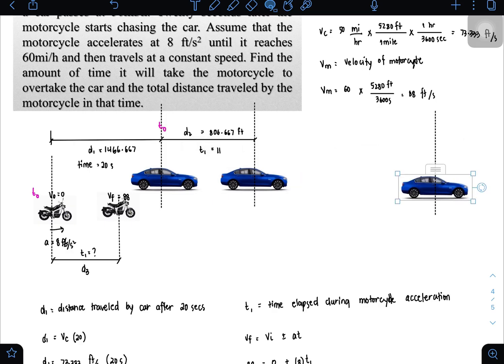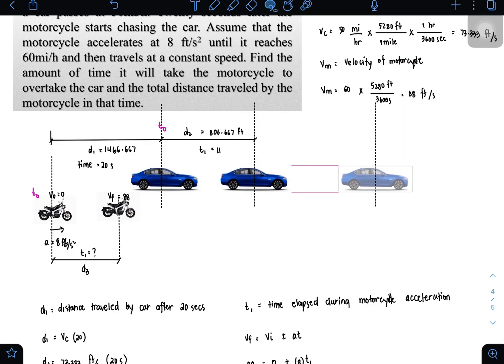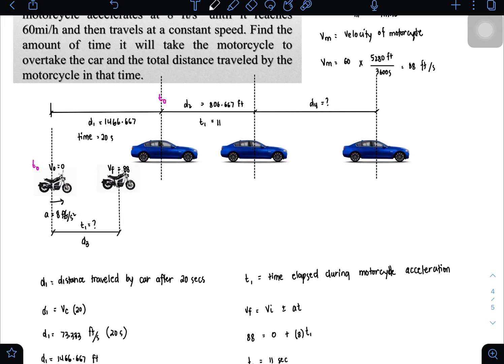From this point here, I'll call this distance 4. For distance 4, the motorcycle will also complete its travel until that phase. So this is the final phase where the motorcycle tries to overtake the car.